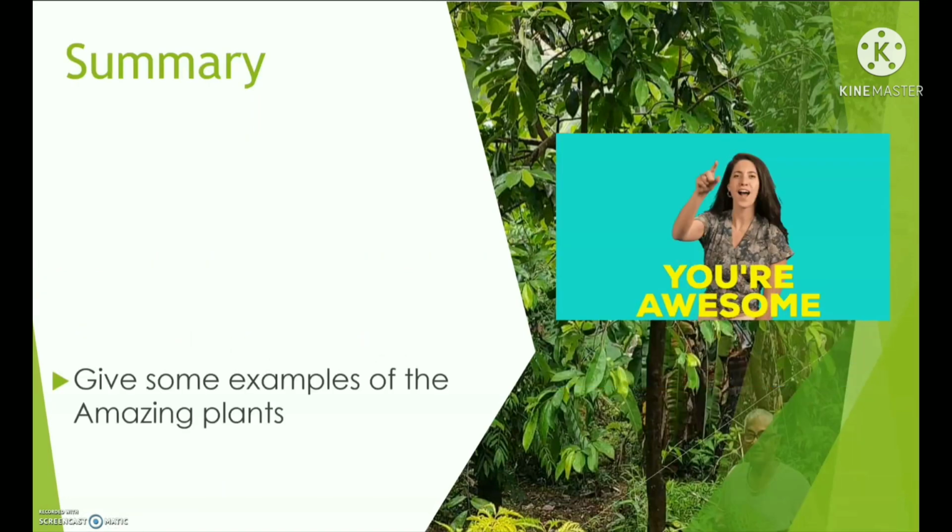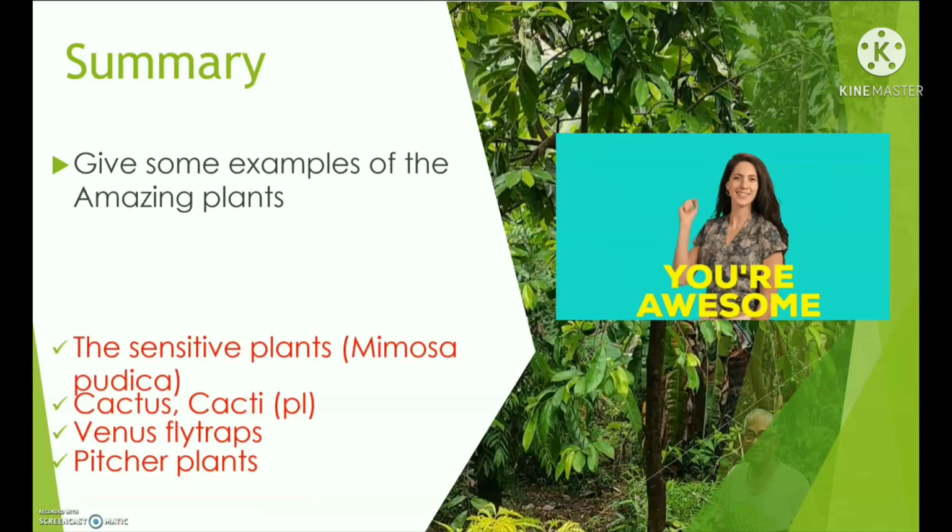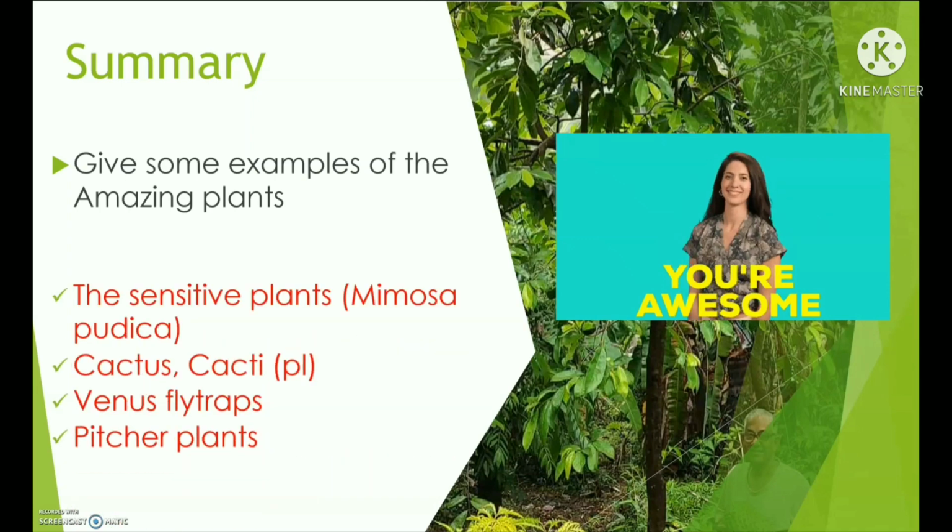So the next one, give some examples of the amazing plants. Very good. You're awesome. The answers: the sensitive plants or Mimosa pudica, cactus or cacti, Venus flytraps, and pitcher plants.